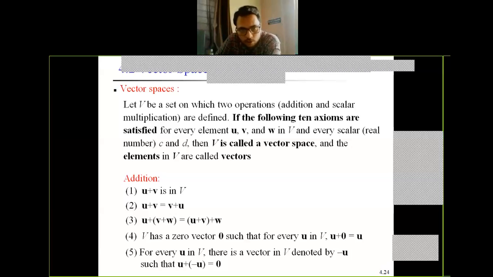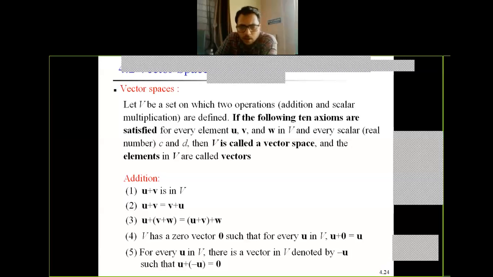I will tell you 3 to 4 axioms that need to be satisfied, and if these are satisfied, then all 10 axioms will be satisfied by 99.99% of spaces. The examples asked in the exam will be among these vector spaces.